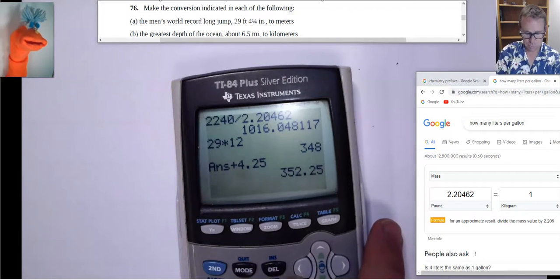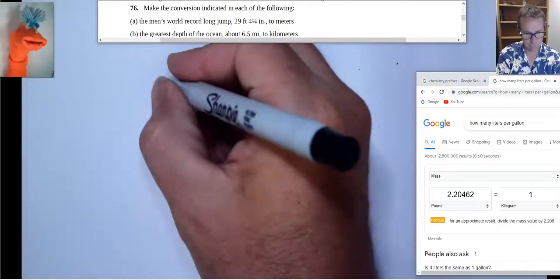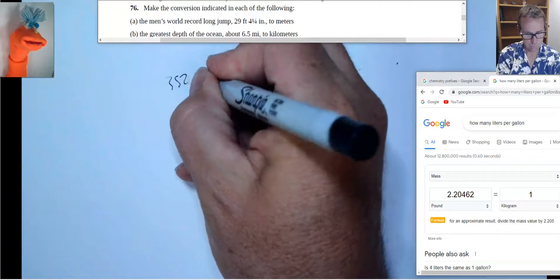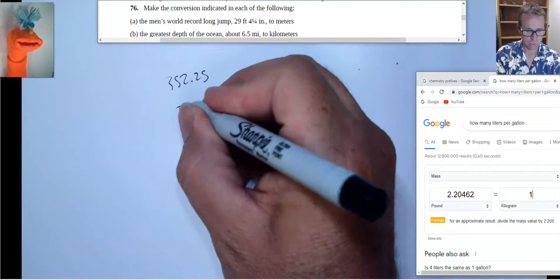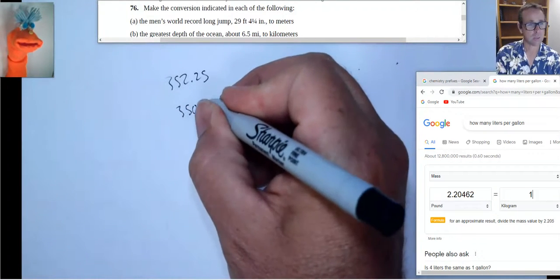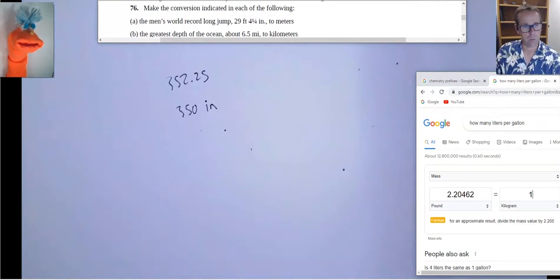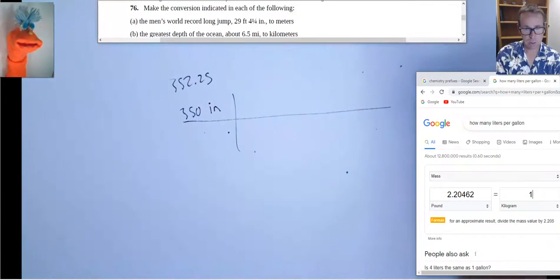So 352.25. That is going to only have 2 significant digits, so 350 inches. And now I want to go from inches to meters.